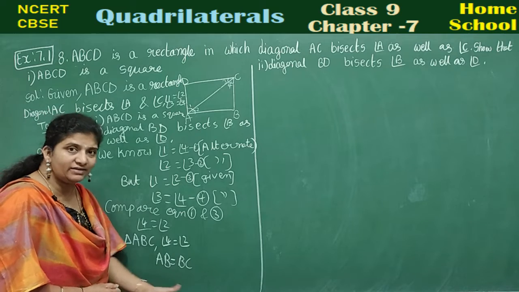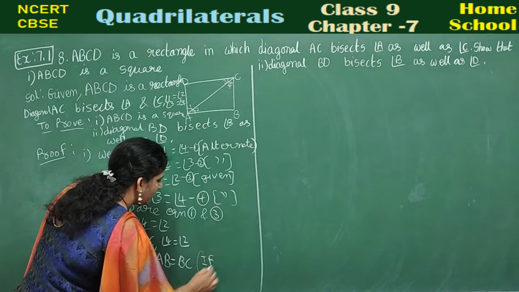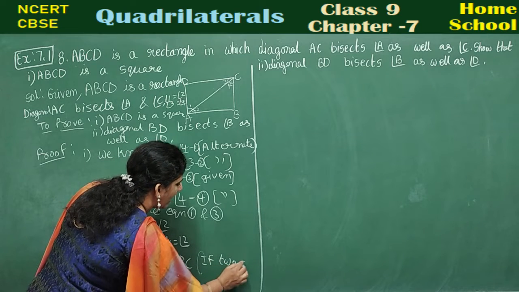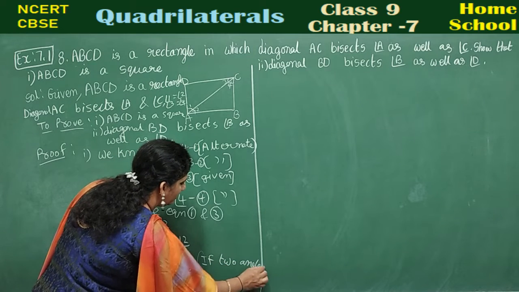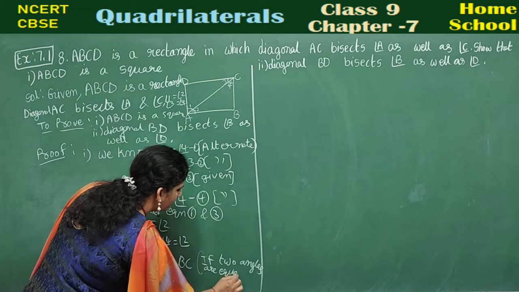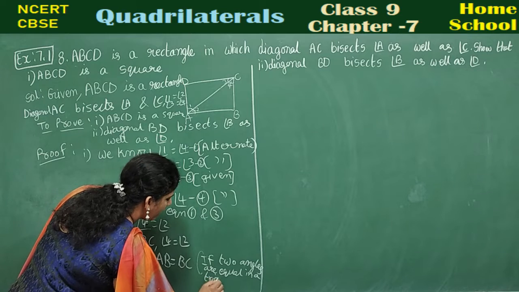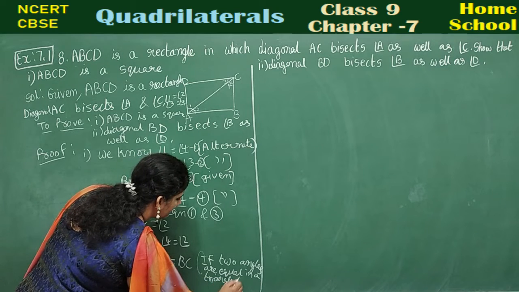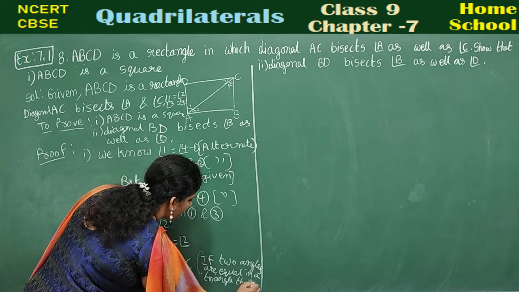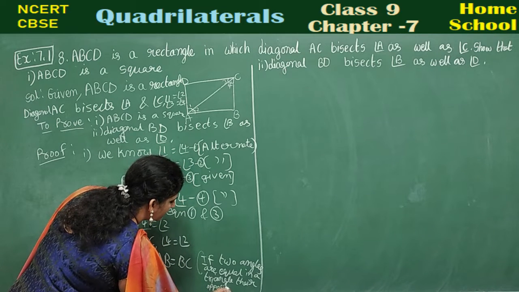How did we write the statement? If two angles are equal in a triangle, then their opposite sides are equal.